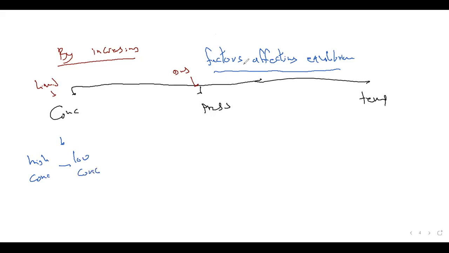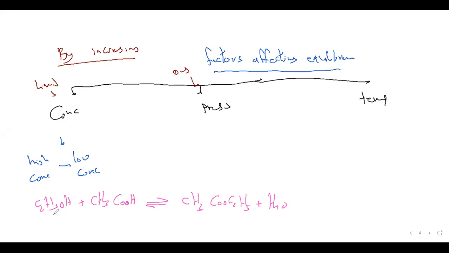For example, if we have a reaction and we need to know the effect on equilibrium, like C2H5OH plus CH3COOH gives CH3COOC2H5 plus H2O.